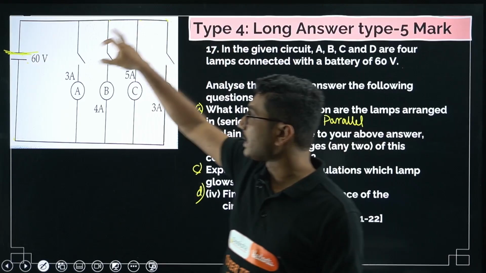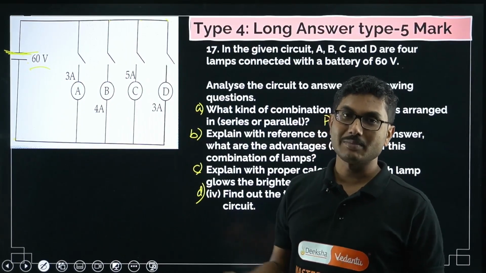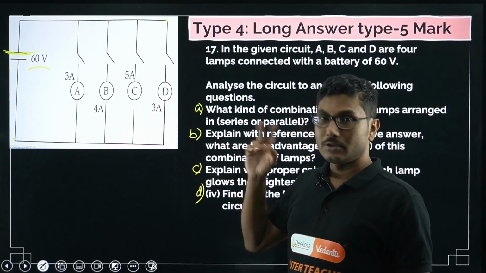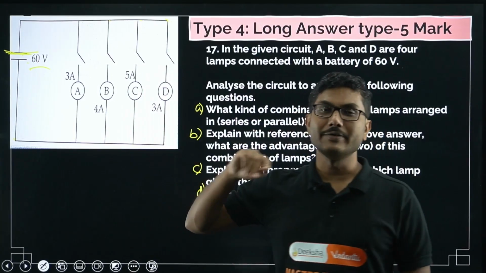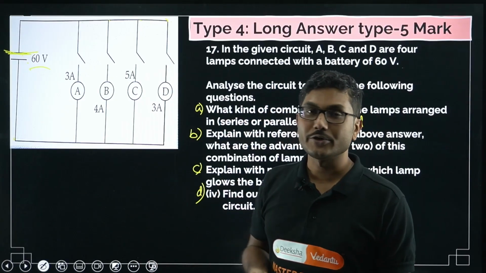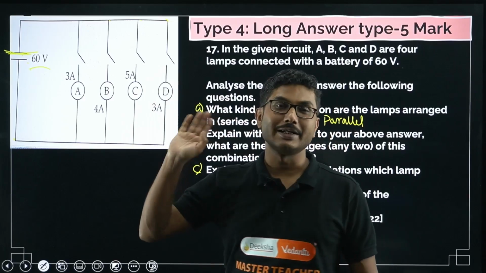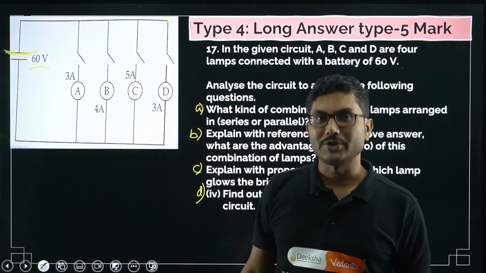They are all operating under the same potential difference, so they will operate with the maximum power output. So the first point is they will operate with maximum power output. The second point is if one of them is fused, then the others will still continue to work as they are connected in parallel. They are independent from each other. Parallel combination means they are independent from each other.